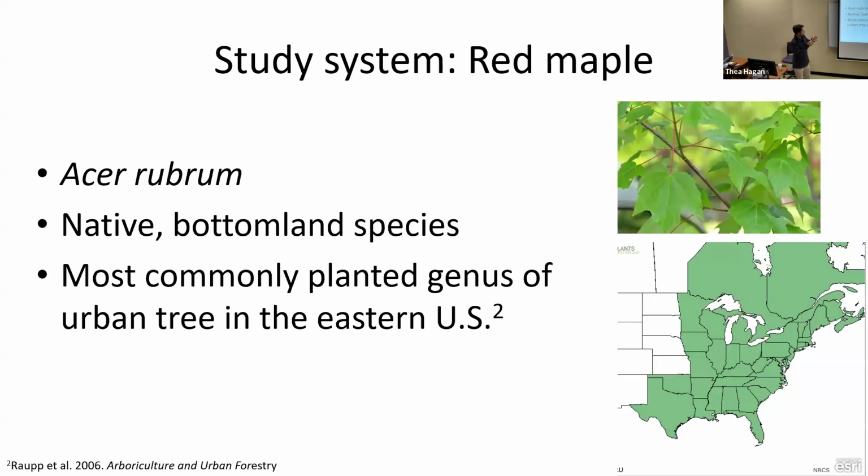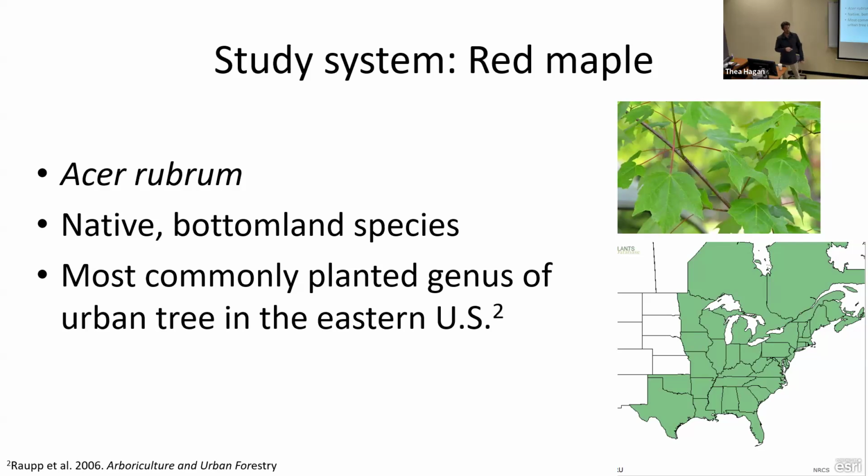And so we'll focus for a minute on red maples. Red maples are an incredibly common native tree, native throughout the eastern half of North America. But they are also the most common tree planted in urban and residential settings as an ornamental. By far the most common urban tree.